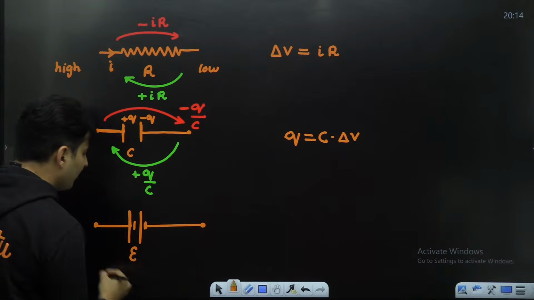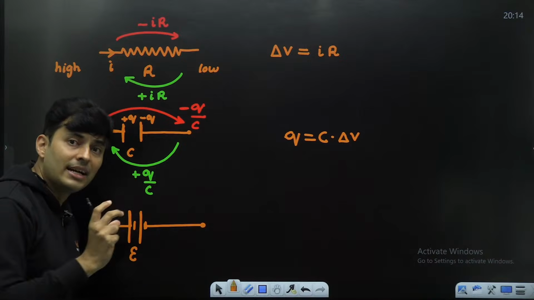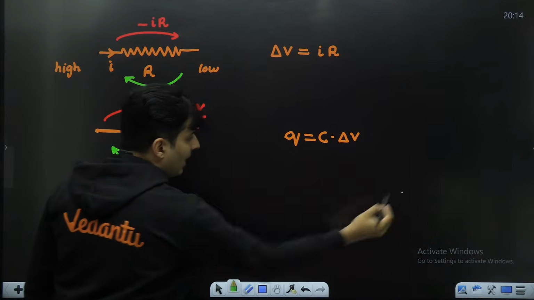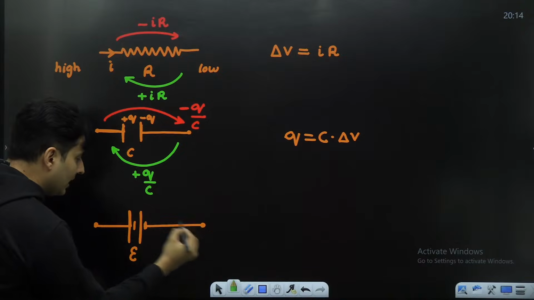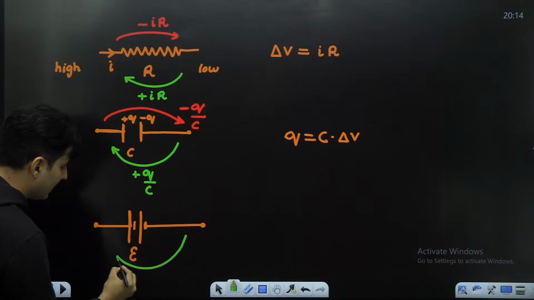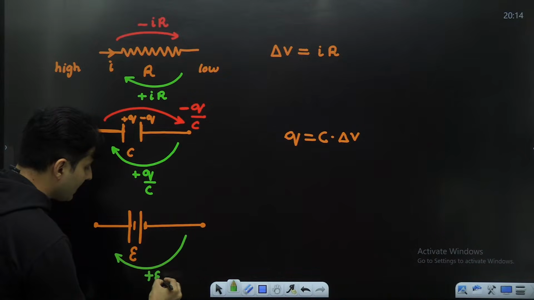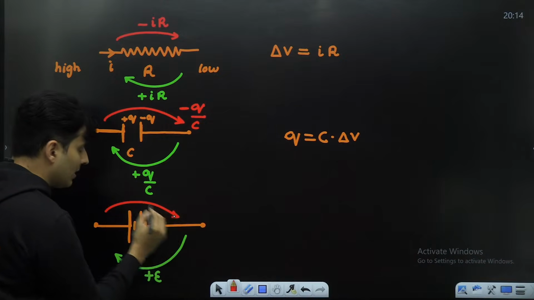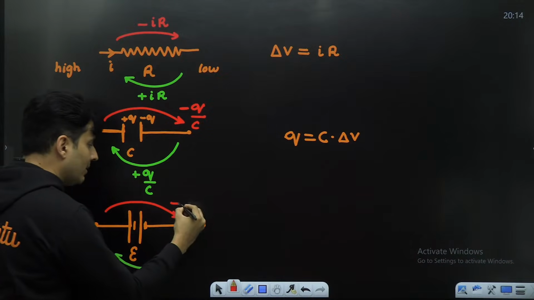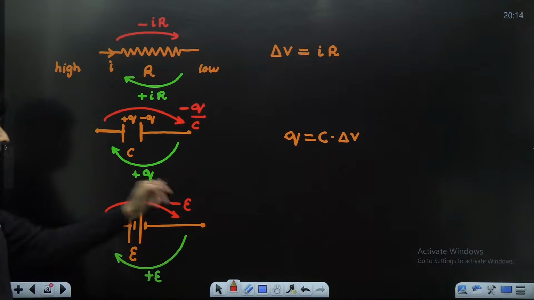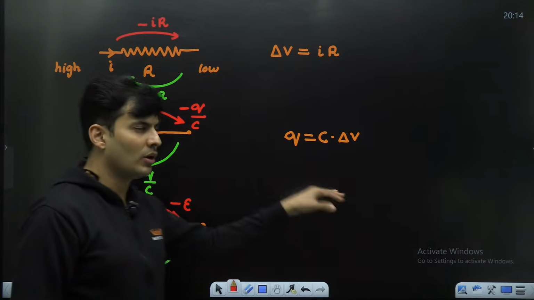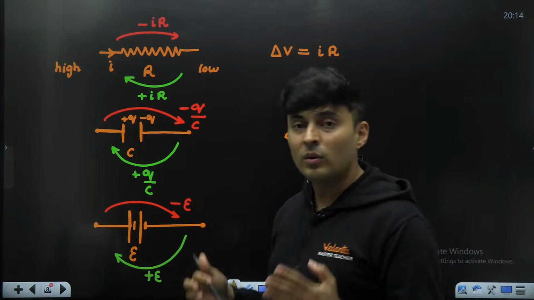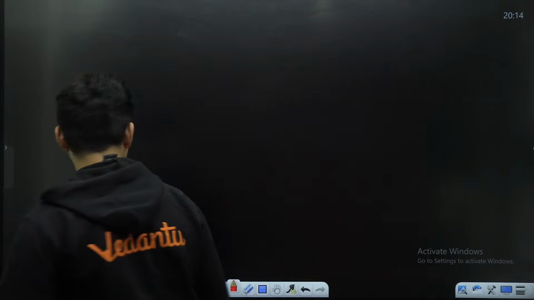This is EMF E. Then a battery always creates a potential difference of E. So therefore, if I am going from the negative to the positive terminal, that is like this, it will be plus E. And if I'm going from high to low, positive to negative terminal, I'm climbing down. So that will be negative E. E being the EMF. That's it. There is no formula here. Direct EMF is the voltage difference. Now, how to use it? That's what I'm going to show you on the next slide.